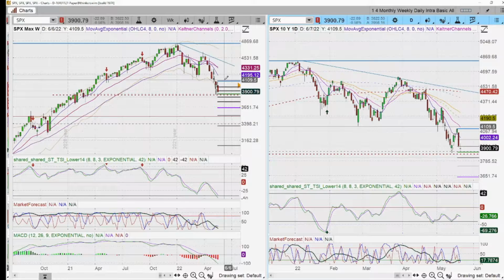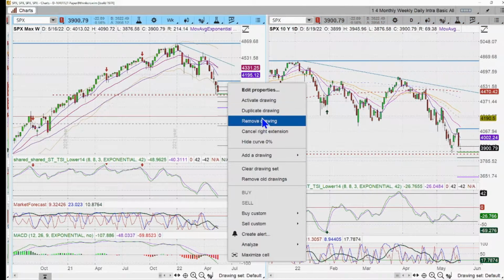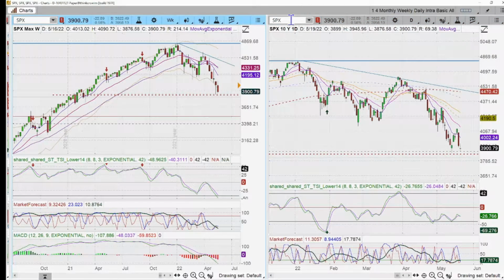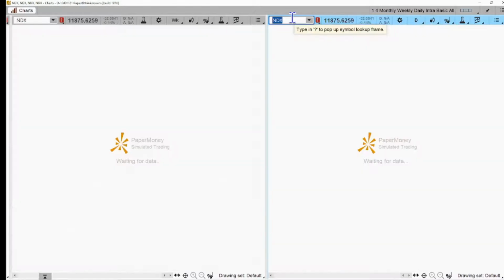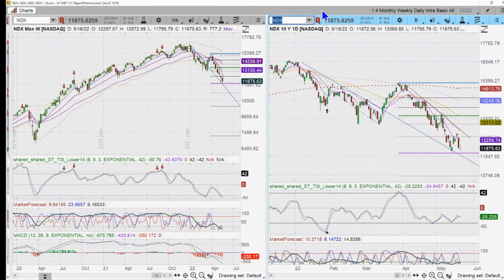Let's see. Go ahead and get that. One of the things I'm asking myself is how well the indexes are actually respecting the Fibonacci levels.